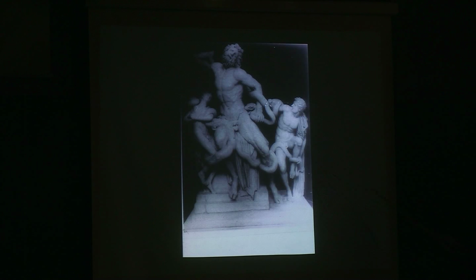And in this famous scene, the Laocoon, we have an enactment of the escape from Troy. It's a Bronze Age legend, and we have the figure escaping with his sons.